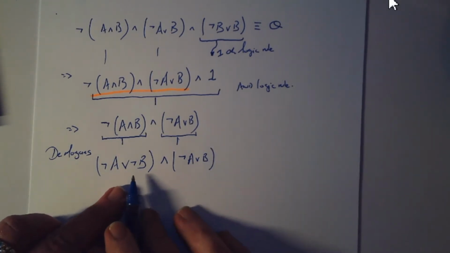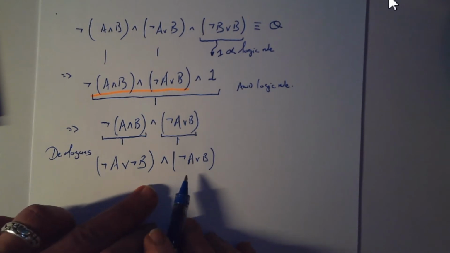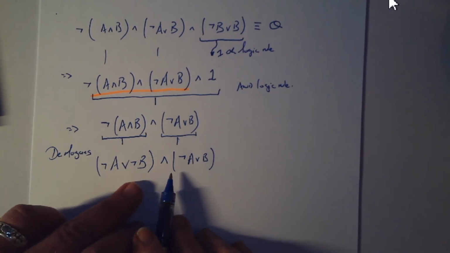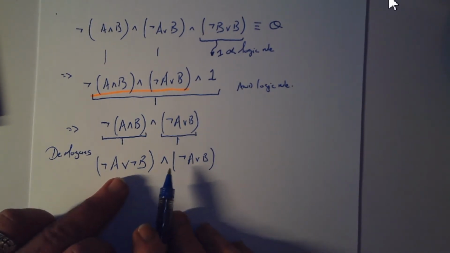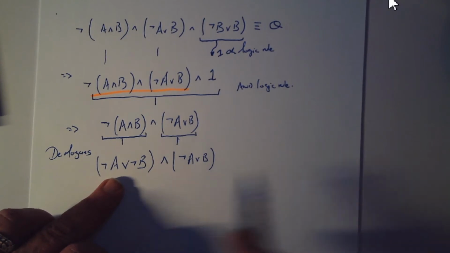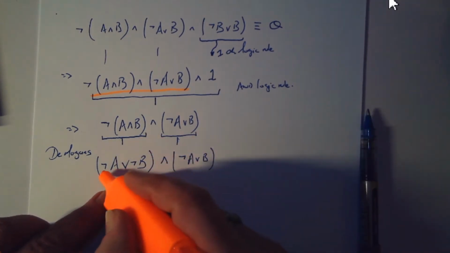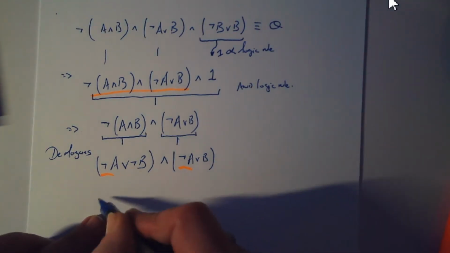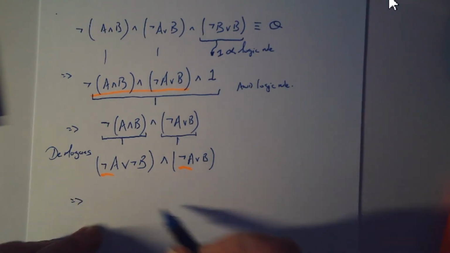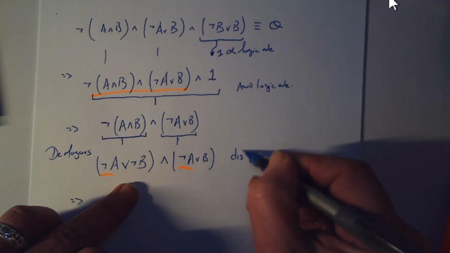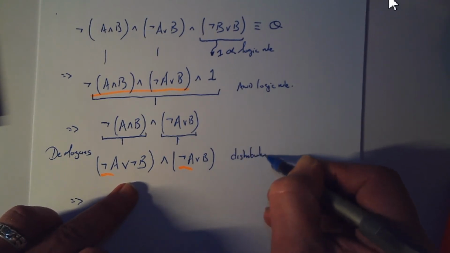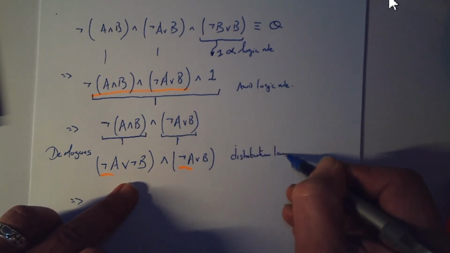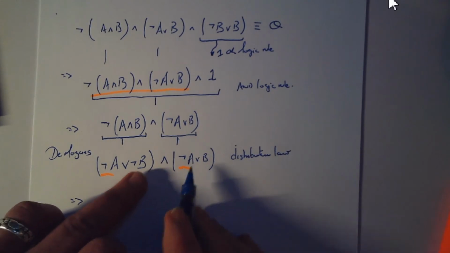So what can we do now? Well, we are limited with our choice. Nothing jumps out at us, but it is an opportunity to look for common terms that we can factorize, and we do have a common term. We've got negative A, common to both, so I can take negative A out. In fact, I'm going to write distribution here, because what we're actually doing is taking the distribution law and applying it in reverse. We're going backwards.